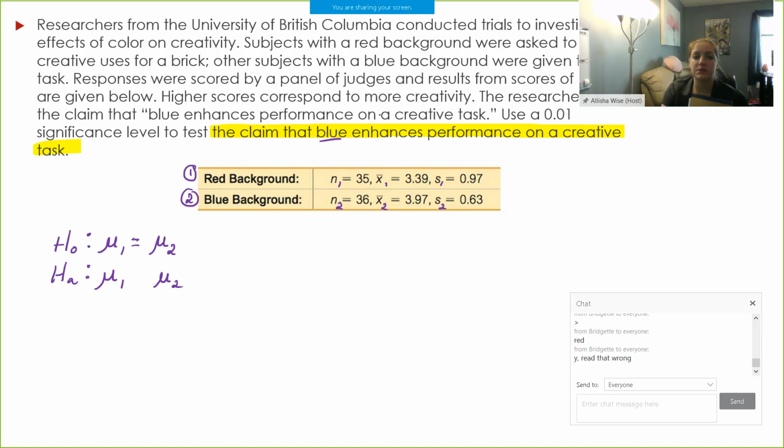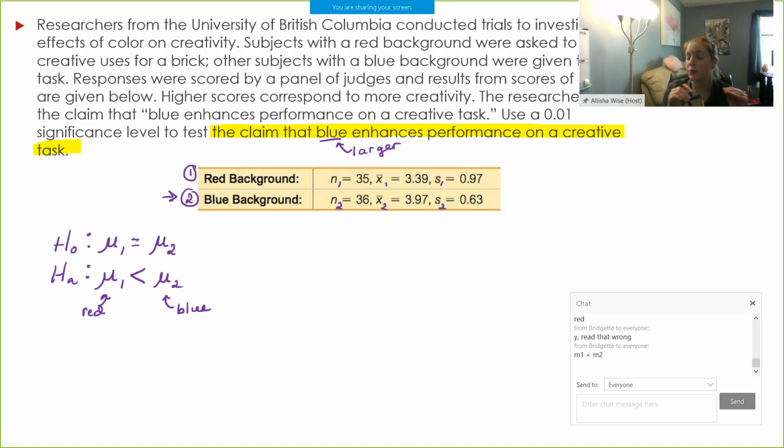I want to make sure I'm being clear. Since blue is group 2, group 2 should be larger. So the inequality should be leading with group 2. So, yep, mu1 is actually less than mu2. Here we're reading it as the red is smaller than the blue. Just be careful, and on the homework you won't have this problem, but be careful you're identifying the appropriate groups. It really helps to label them to lay that out.